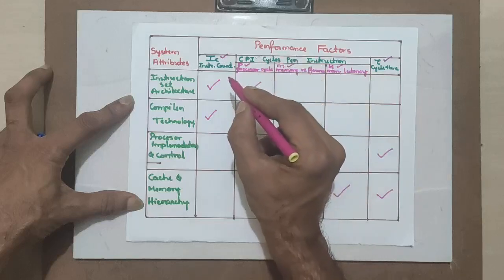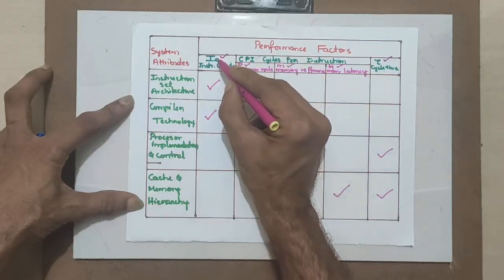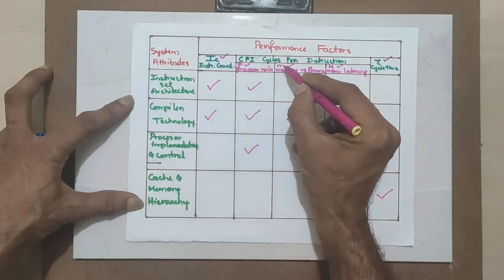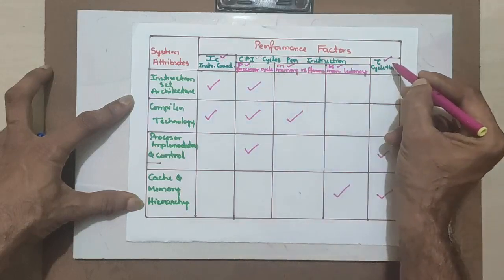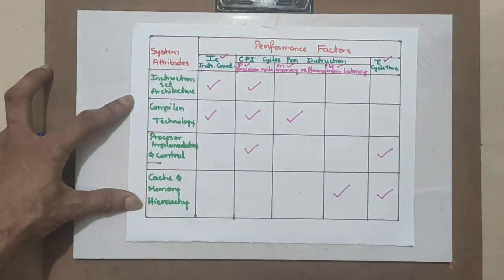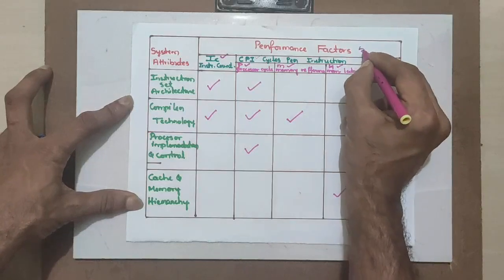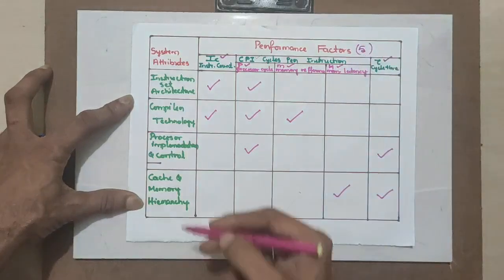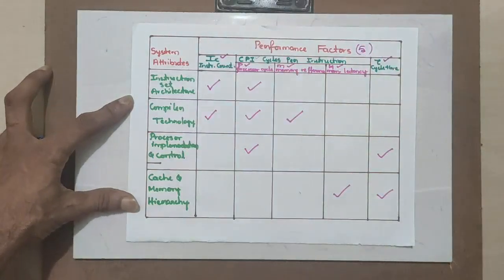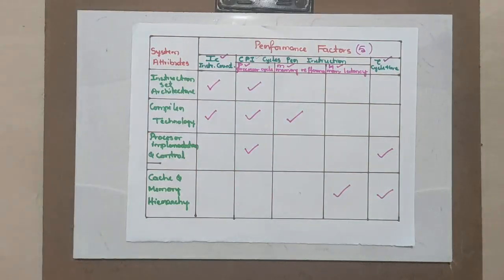Obviously, the performance factors are 5: instruction count, processor, memory, latency, and cycle time. These 5 performance factors depend upon 4 system attributes, that is, the development of the architecture or computer system.